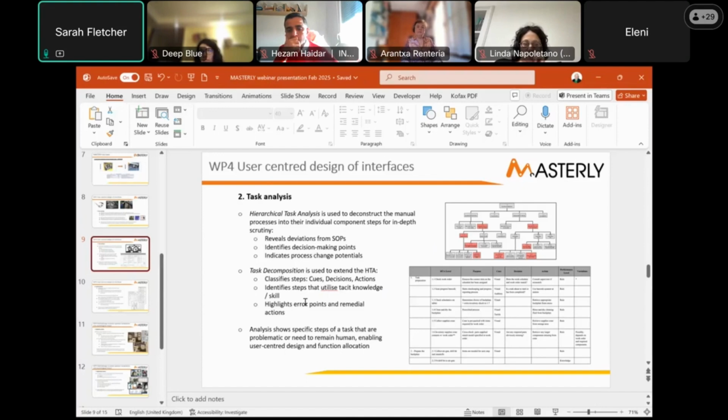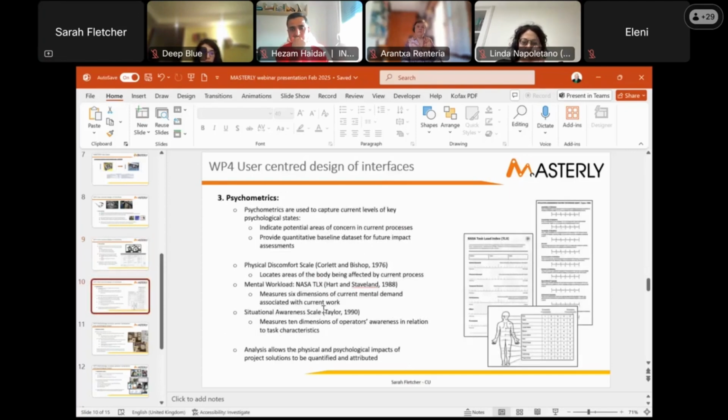It's that sort of skill and creativity that only a human can bring. And it helps us highlight error points and then identify remedial actions that we can integrate into the redesign of the process. This analysis shows us the specific steps of the tasks that are problematic, that helps us to engage in user-centered design and more effective function allocation.